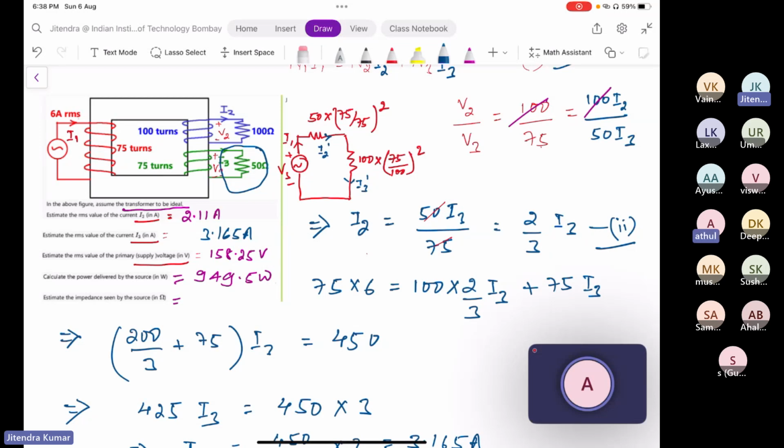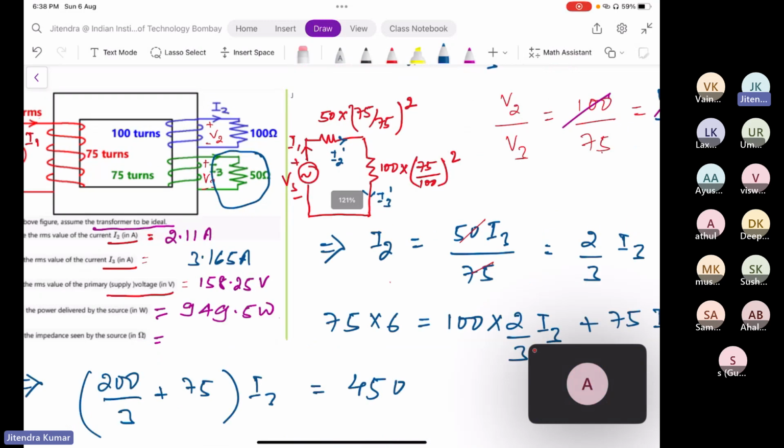This is possible only if the I1 current is split into I2 and I3, that is, it goes to two branches. One branch will have 100 ohm and the other branch will have 50 ohm, so they will be connected in parallel. So the equivalent circuit will have a parallel connection of 100 ohm and 50 ohm.